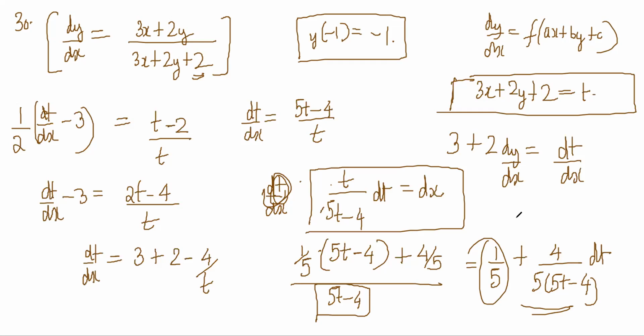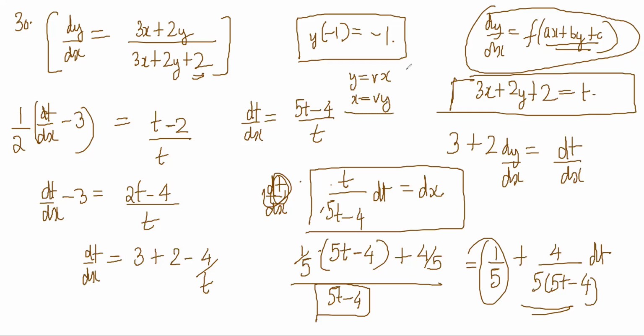So we have seen that with this type of thing you should take ax plus by plus c as t. We have seen normal homogeneous equations, and exact differential equations, and how to do them.